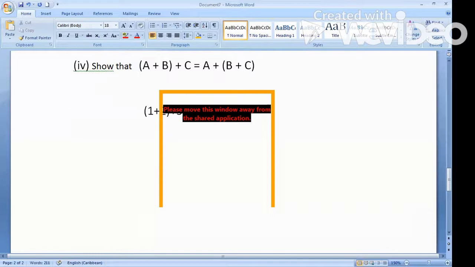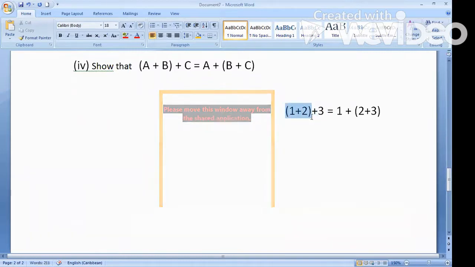Let me carry it over here because of the box. So look, what would happen if you're given 3 numbers? What would happen if you add the first 2 with the third one as opposed to adding the last 2 with the first one? You would get the same answer, not true? Because what's 1 plus 2? 3. What's 3 plus 3? 6. So the answer for the first part is 6.